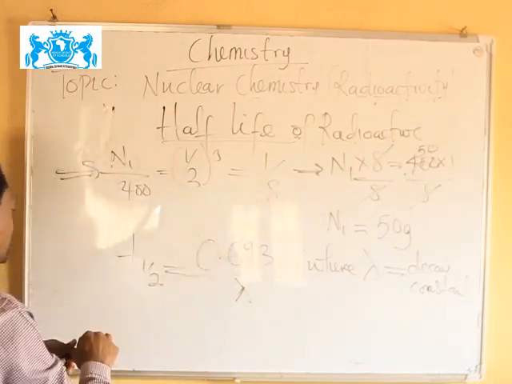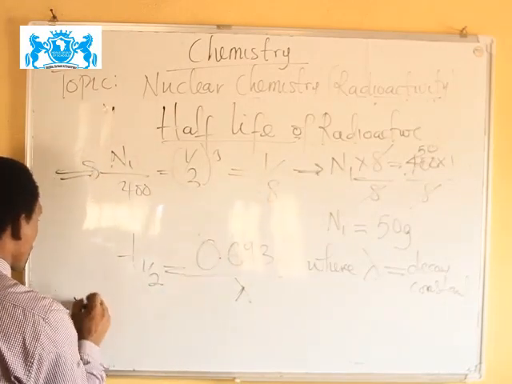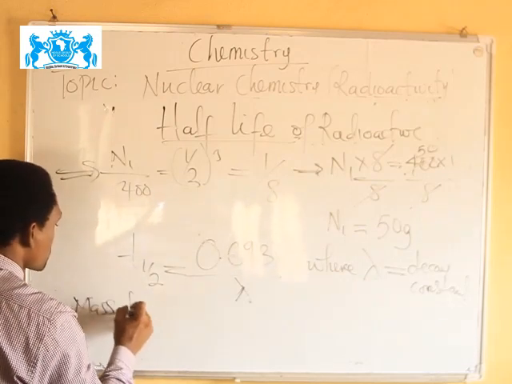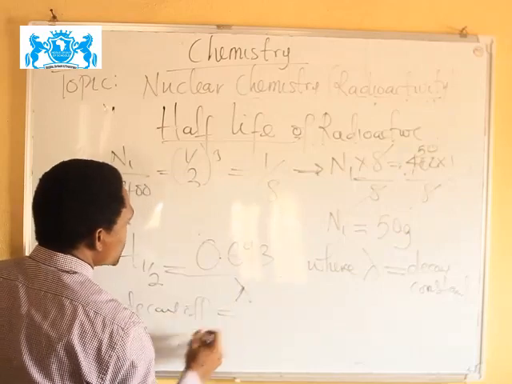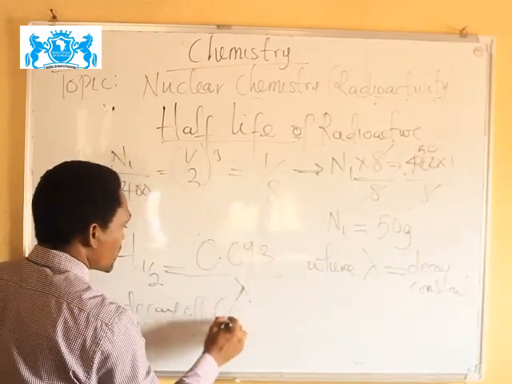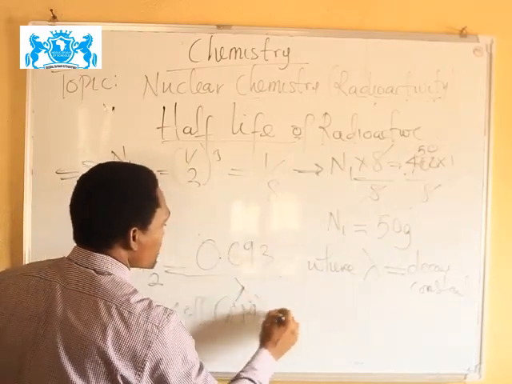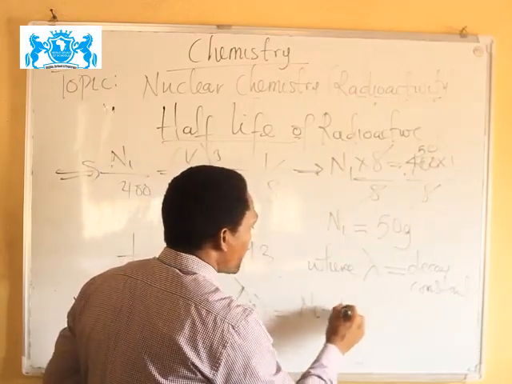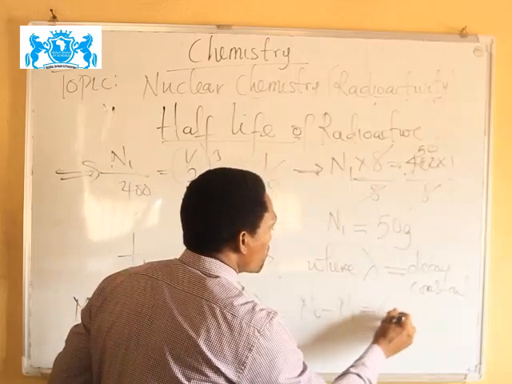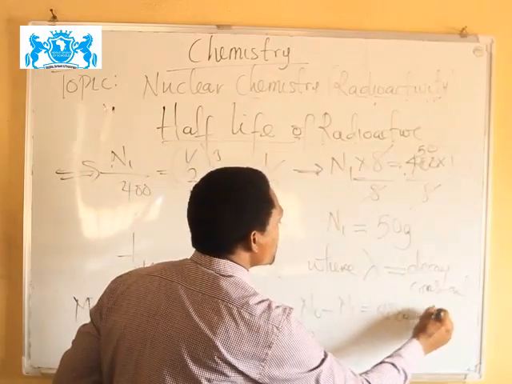Like in this case, the mass decayed off, that's the change in mass, that's delta N, would be the original mass minus the new mass, which is 400 grams minus 50 grams.